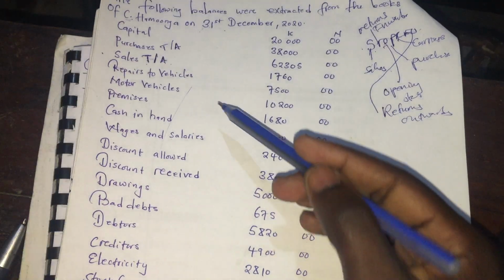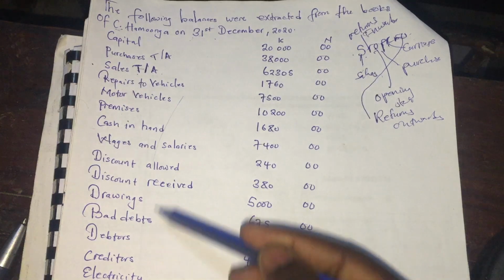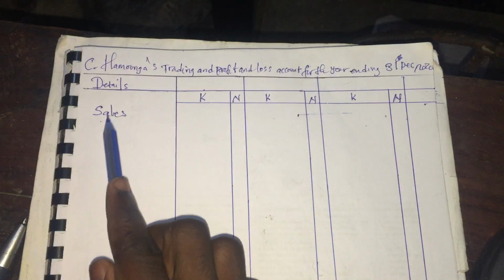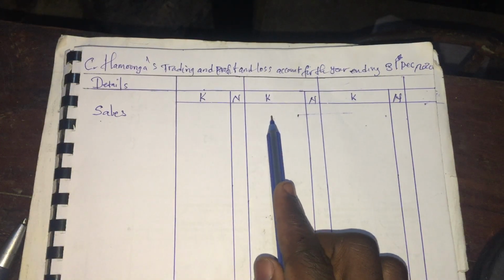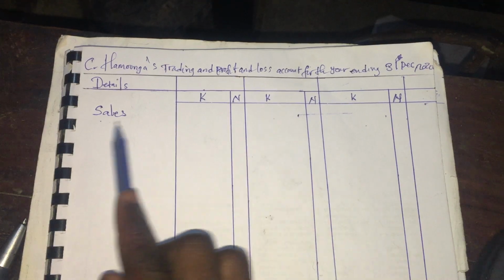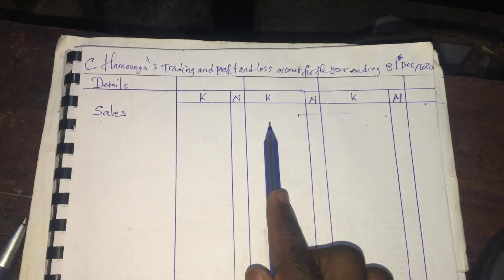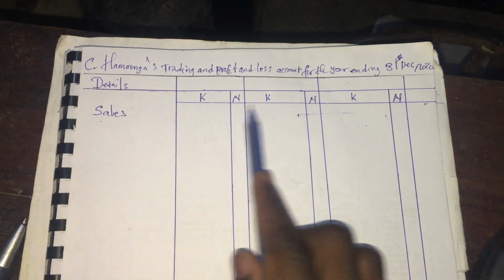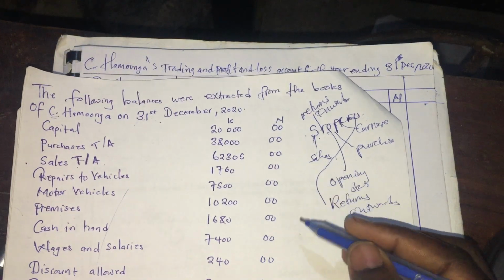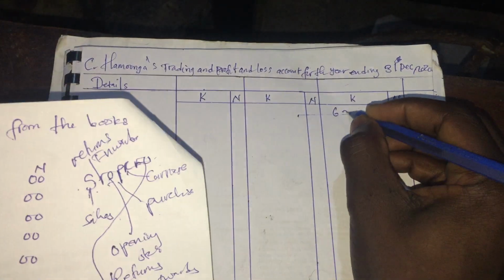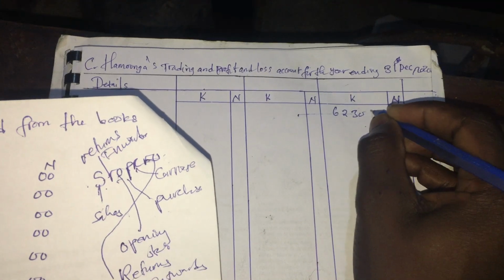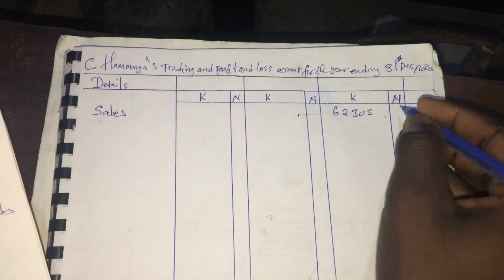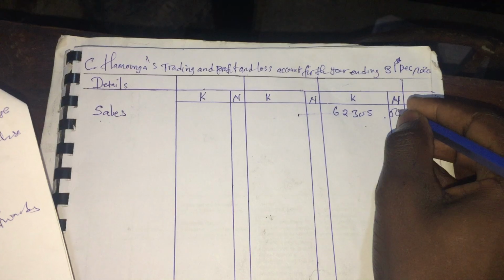If we had returns inwards here, the amount of sales would have been placed in the middle box, together with the amount for returns inwards. Now since we don't have returns inwards, the amount for sales should be placed in the last box. So how much? It's 62305. Don't forget to even indicate ngwees 00.